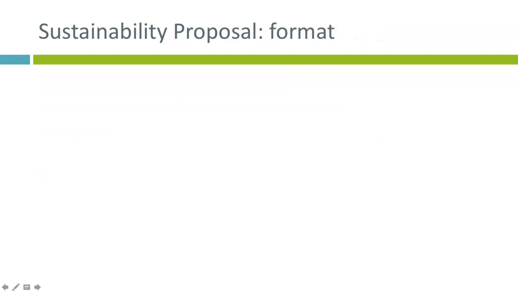Now, let's talk a little bit about the format for the sustainability proposal. You'll be writing it in 4 sections. The first section is what we call an executive summary. And any of you who have ever written a report are probably familiar with an executive summary. The best analogy I can give you for an executive summary is the abstract that you always find at the beginning of an academic journal article.